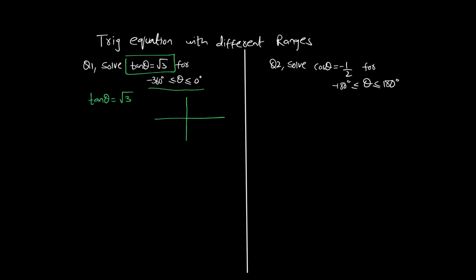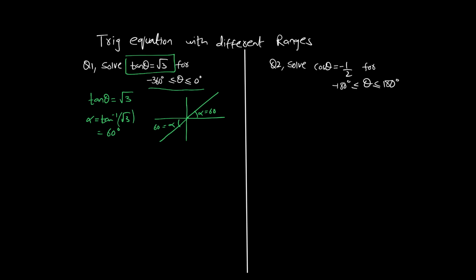You know that tan theta is positive in the first and the third quadrant, which means that these are your basic angles. In order to find alpha, you will take tan inverse of positive root 3, which will be 60 degrees. So meaning this is 60 and this is 60.